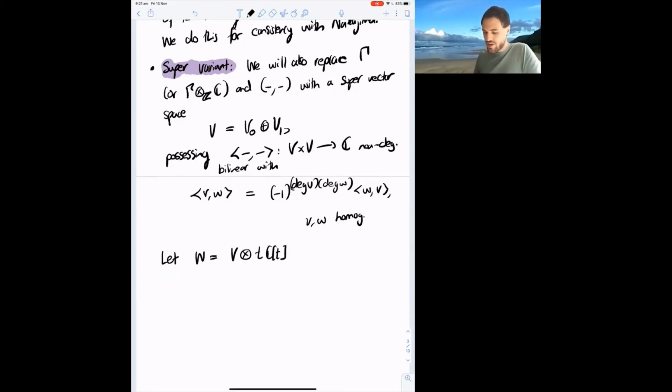I look at V adjoined with positive powers of t, and I also look at negative powers of t, but I exclude the 0th power of t. This is just following Nakajima, and I'll speculate on the reasons for this in a second, but just bear with me. So we have this W, and it has a bilinear form extending the one on V.